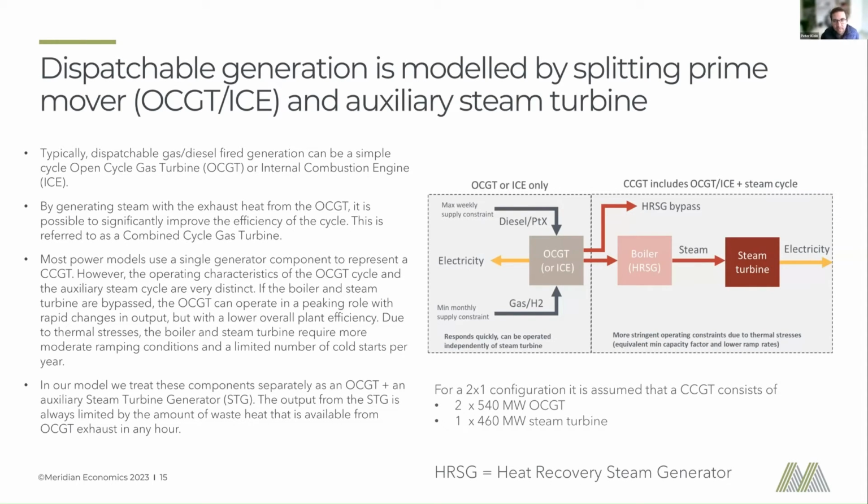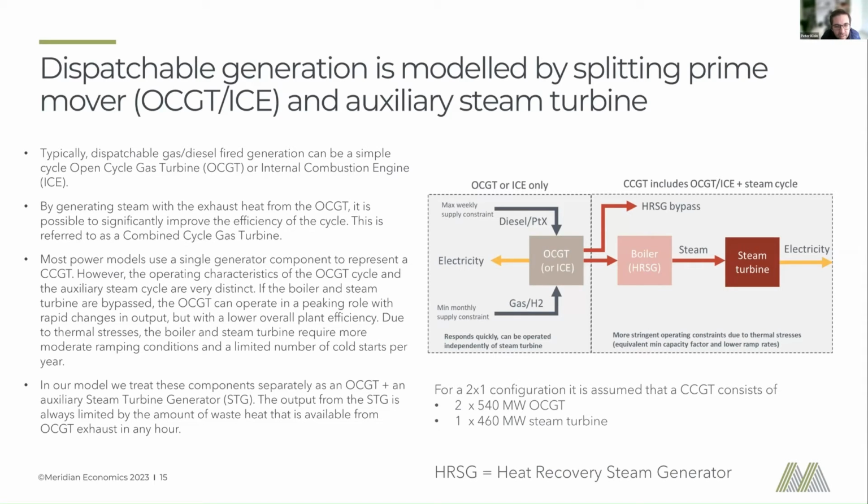In terms of how to model dispatchable generation, specifically combined cycle gas turbines, we've come up with a slightly different approach to how CCGTs are typically represented. In a lot of other models, the CCGT is basically represented as a single generator, and it has quite tight constraints in terms of how that generator can be operated in the power system.